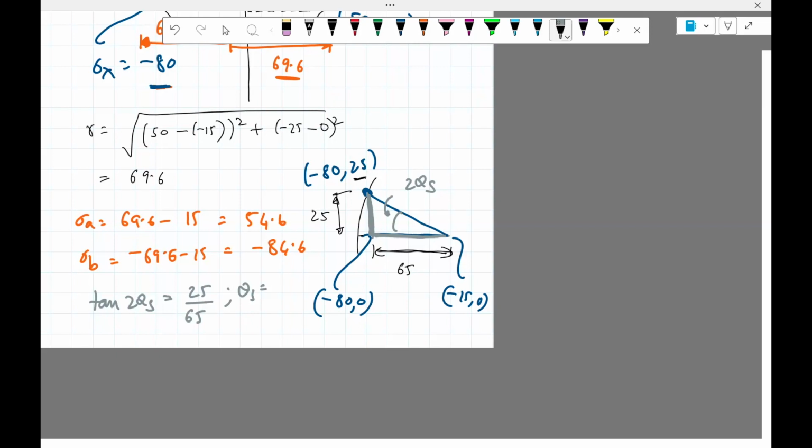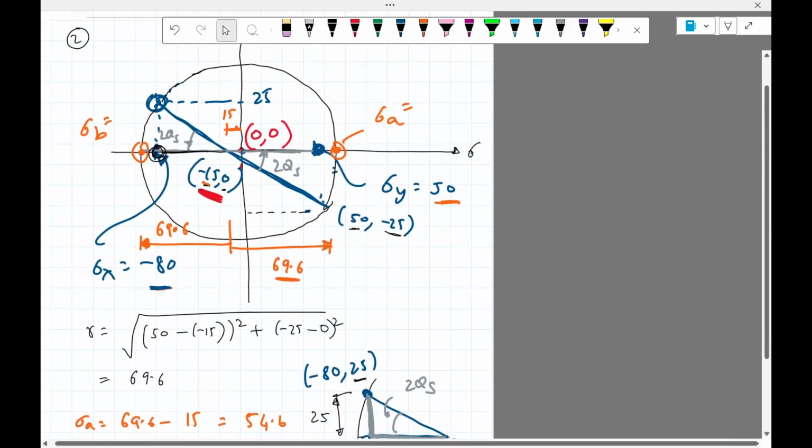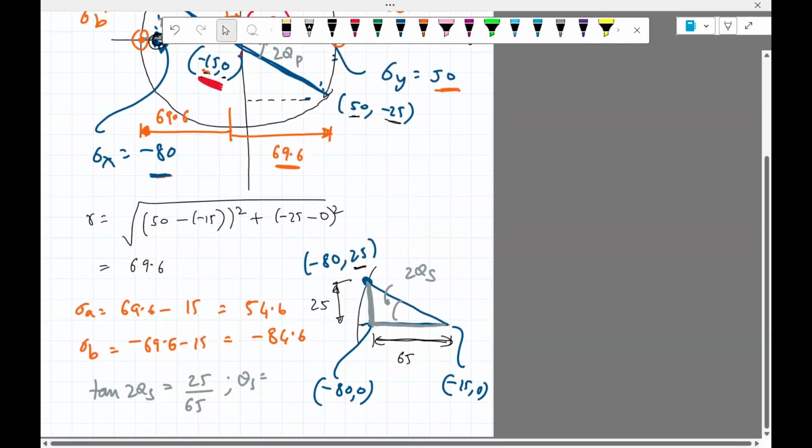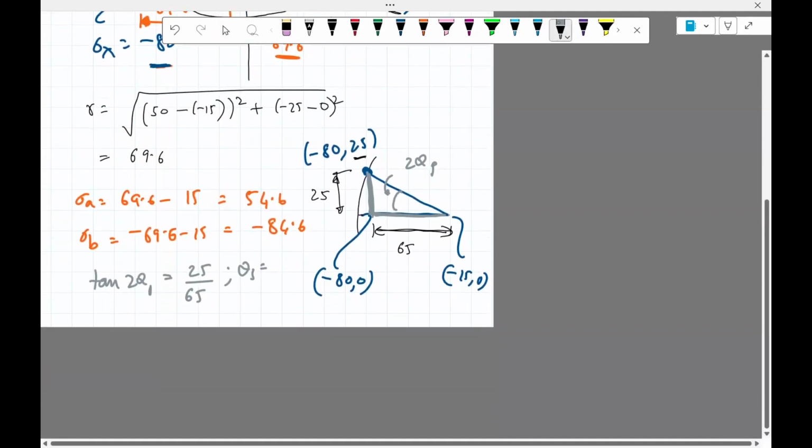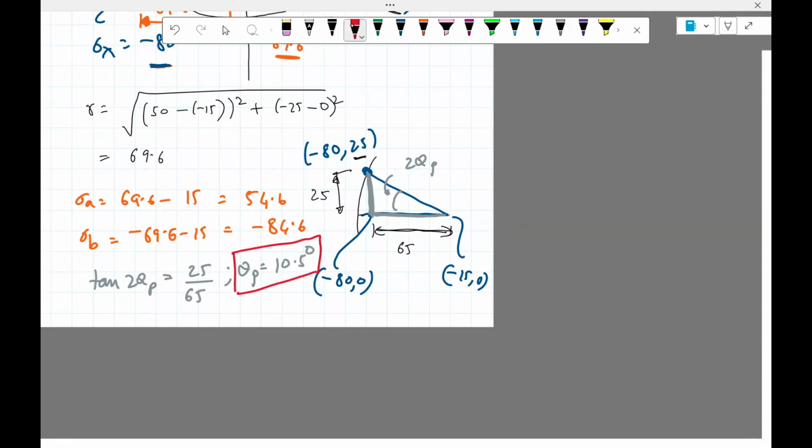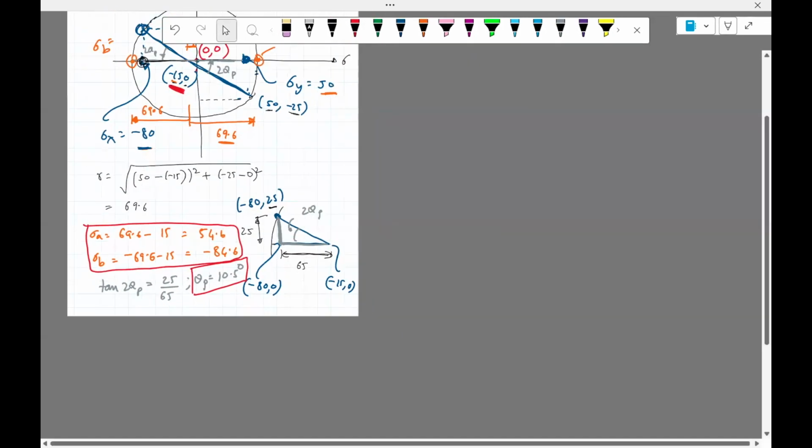I think this is called theta P because it's the maximum principal stress. I should change this abbreviation. It's P. And that's 10.5 degrees. And this is the answer to the principal stress.